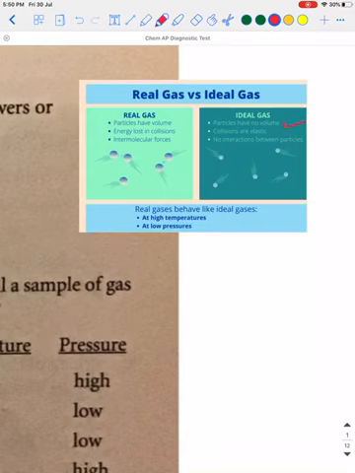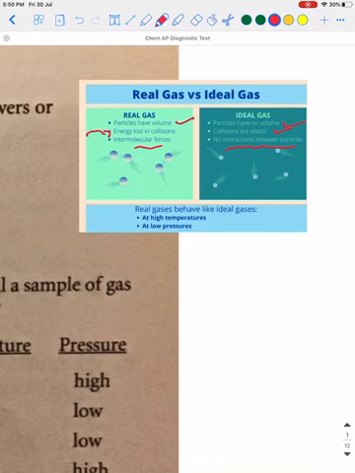They said that particles have no volume, but in reality, particles do have volume. Collisions are elastic, no energy loss, while in reality, there is energy loss in collision. No interaction between particles, but in reality, there exist intermolecular forces between real gases.